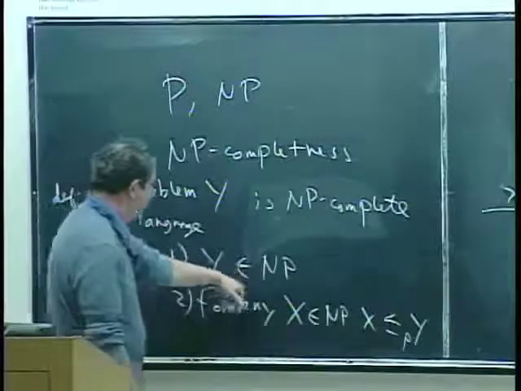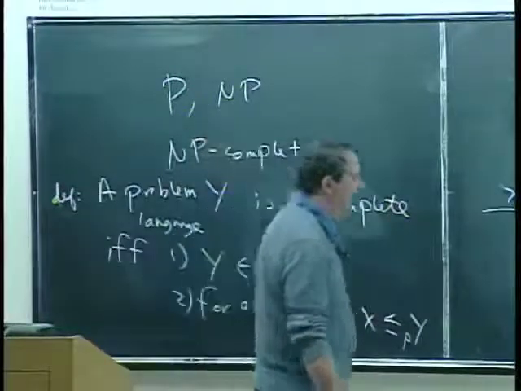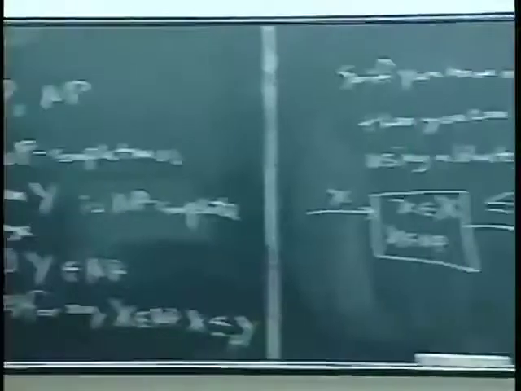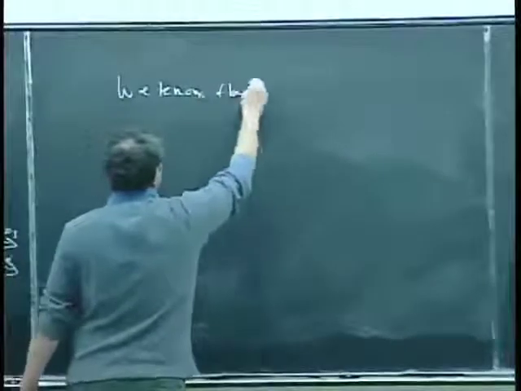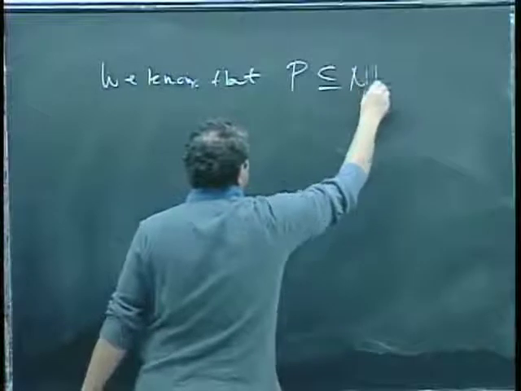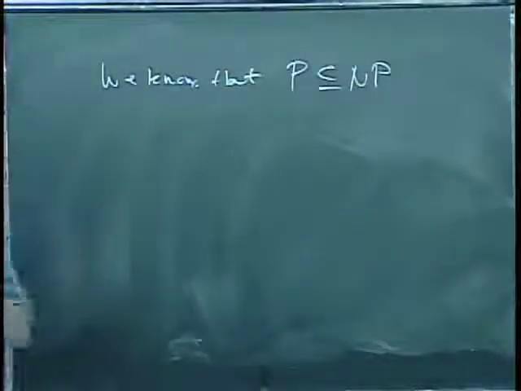We know what NP is, what the reductions are. Now this is the definition of NP-completeness. And previously we saw that P is contained in NP. We proved that last time. It's a two-line proof if you have the right definitions, which is what we did last time.